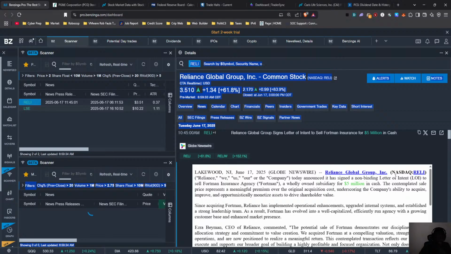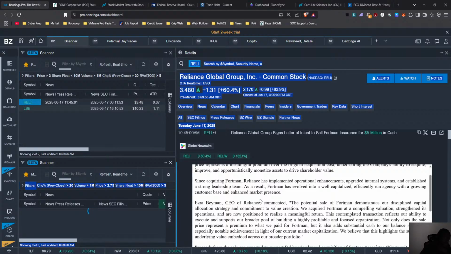Okay, non-binding letter of intent to sell Fortman Insurance Agency, a wholly owned subsidiary, for $5 million in cash. The contemplated sale price represents a meaningful premium over the original acquisition cost, underscoring the company's ability to acquire, improve, and opportunistically monetize assets to drive shareholder value.